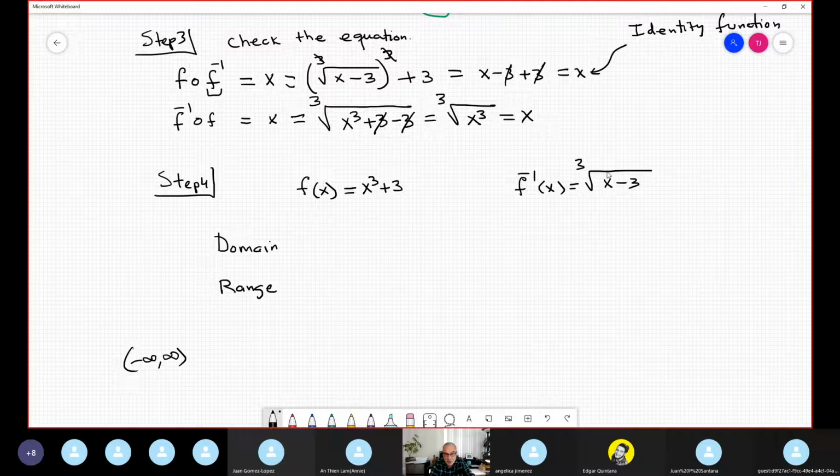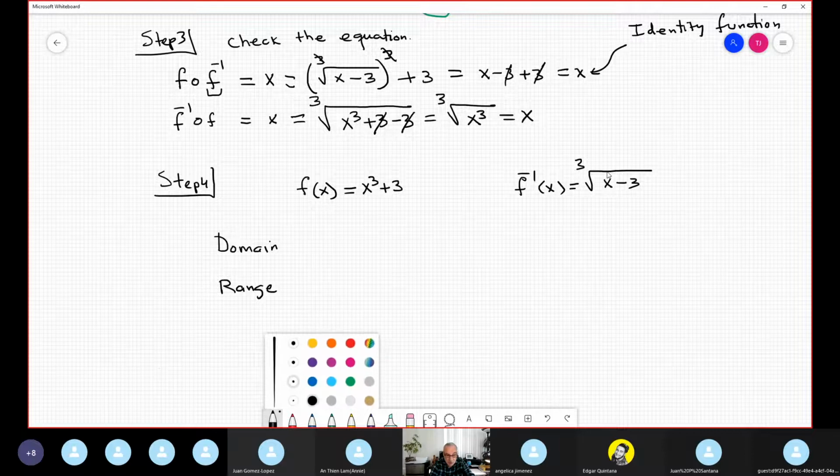And the restriction we have only when the function contains division, illegal division by 0, or square root. Cubic root, no. Cubic root is nice. The domain of the cubic root is all real numbers. Okay, step by step. Now, using this idea, the domain of the original is all real numbers. No restriction, no problem.